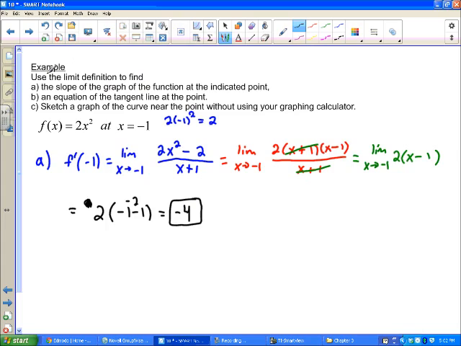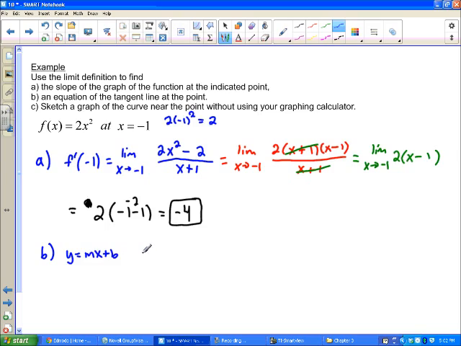Okay, now it wants us to find an equation of the tangent line at that point. So what does an equation of a line look like? An equation of a line looks like y equals mx plus b, where m is our slope and b is our y-intercept.